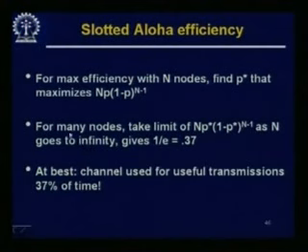For large n, and I am not going into the details of the calculation, for many nodes, take the limit of n p star into (1 minus p star) to the power n minus 1 as n goes to infinity, and this gives a value of 1 by e, which is 0.37. So this is the efficiency. 37% is the maximum theoretical efficiency that you can achieve in slotted aloha.